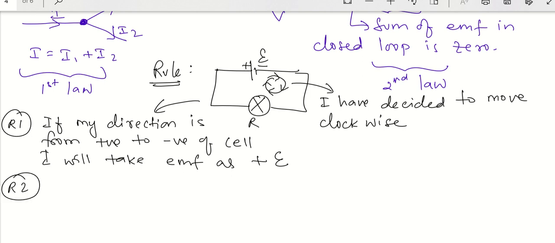Second rule I am going to set. Now the direction of the current is going like this. If my direction goes opposite to the direction of current, now this V is IR.